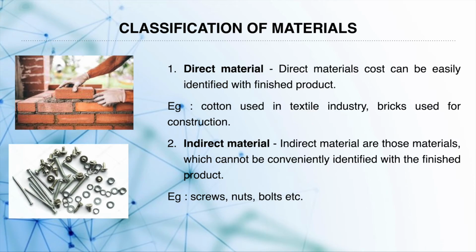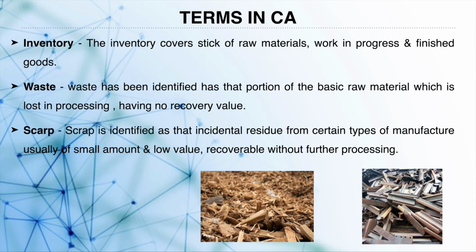You do not know the exact number of nuts and bolts they have used. Those amount to indirect material because it is not easily identifiable. What is easily identifiable is the direct material, and what cannot be easily identified is the indirect material.